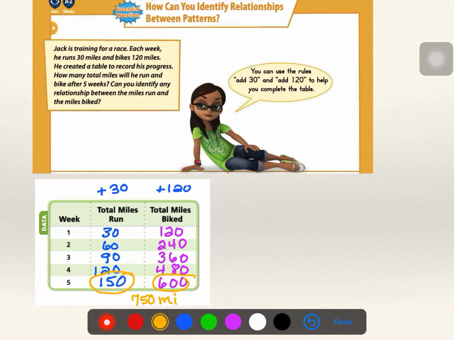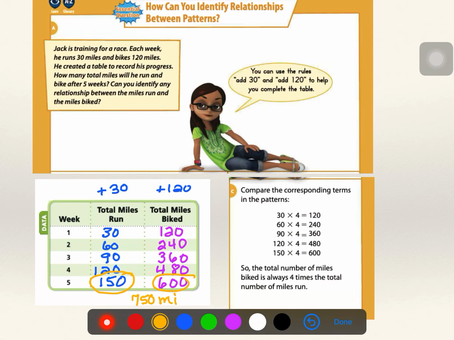How many times as much are the miles biked compared to the miles run? Exactly, 4 times. Every one of those numbers in the miles run is a number that when I multiply times 4, I get the number of miles biked. There you have it. That is the relationship between the terms.